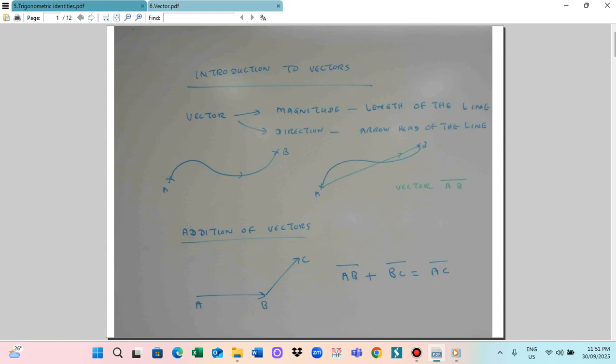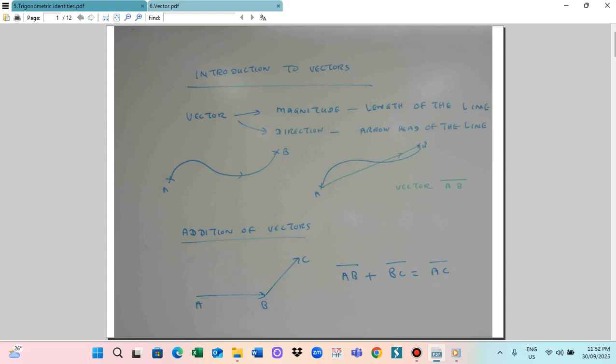Now we want to look at the addition of vectors. We want to add two vectors. Vector AB comes from A to B, and vector BC comes from B to C. So we can add the vectors.